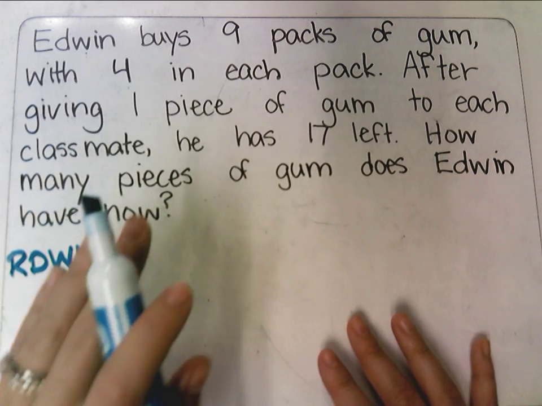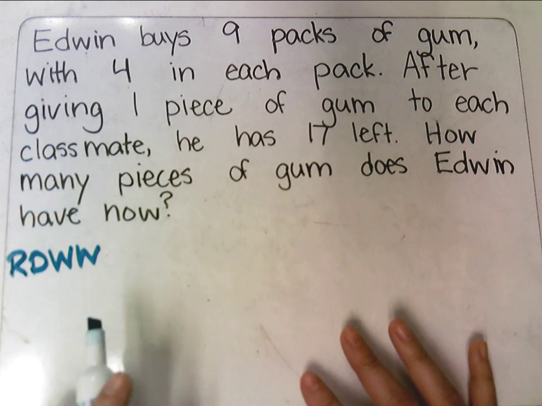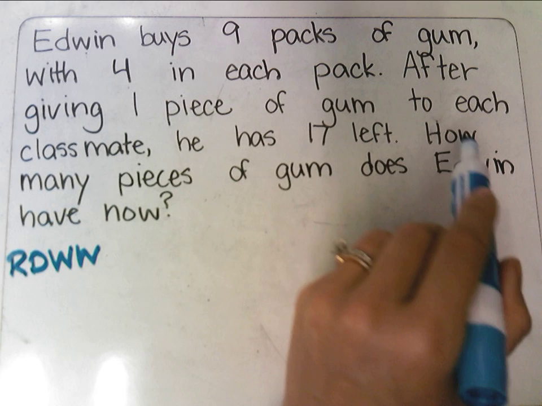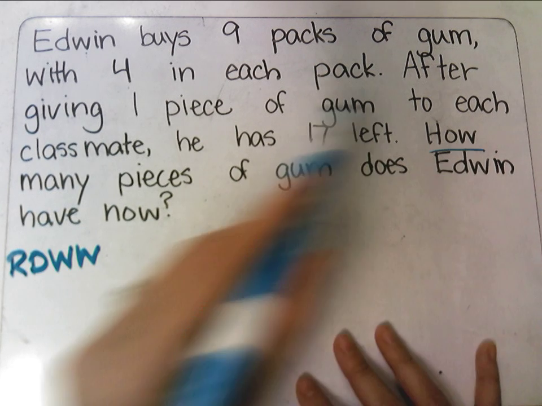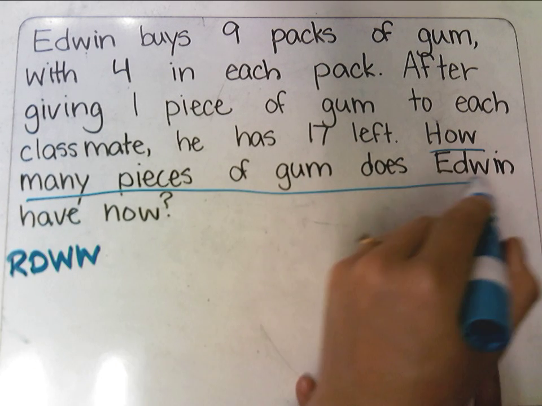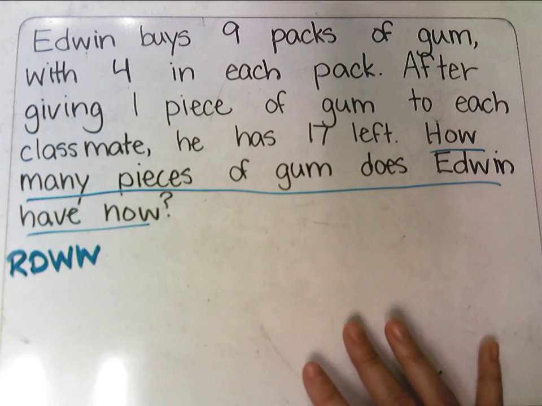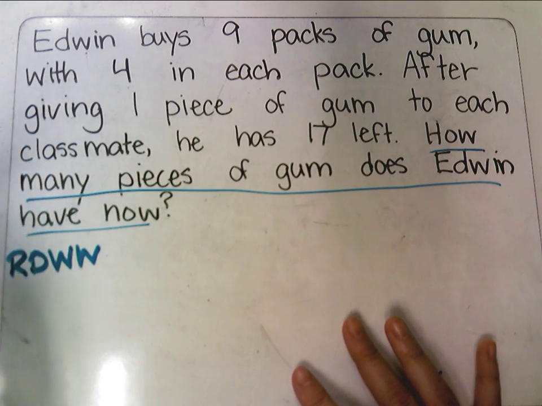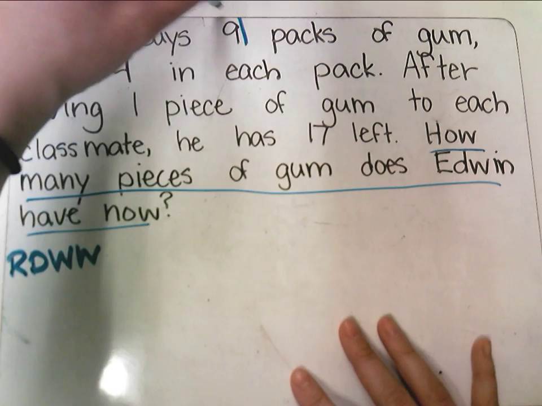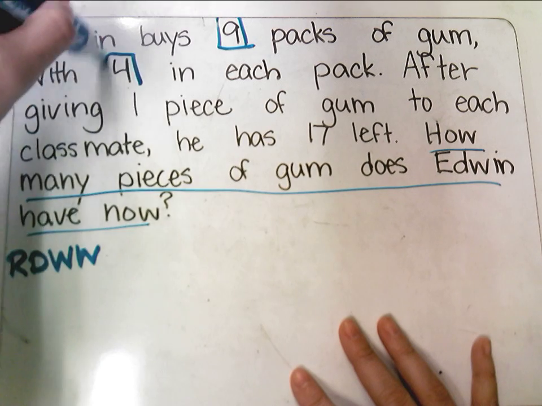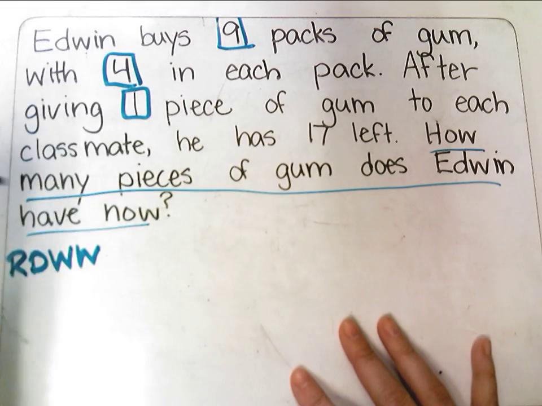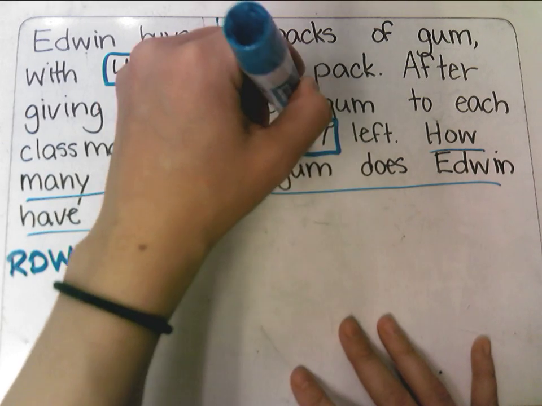So we've read the problem. Now let's underline the question. What's the question? How many pieces of gum does Edwin have now? Perfect. Now we need to box important numbers. So I'm looking through, I see 9, I see 4, I see 1, man, and I see 17.